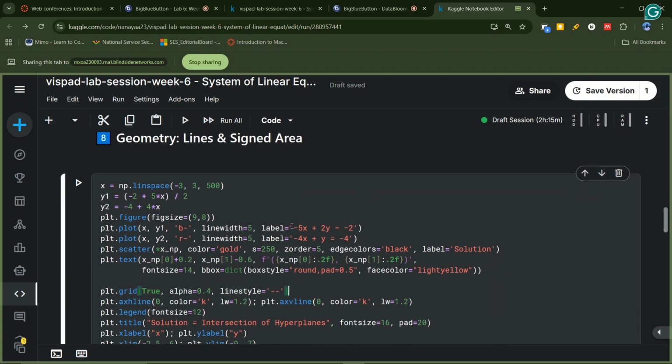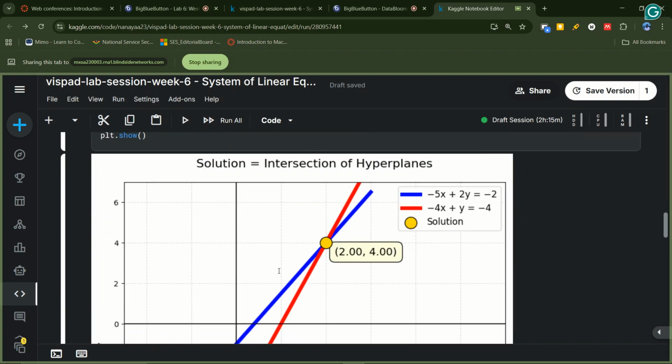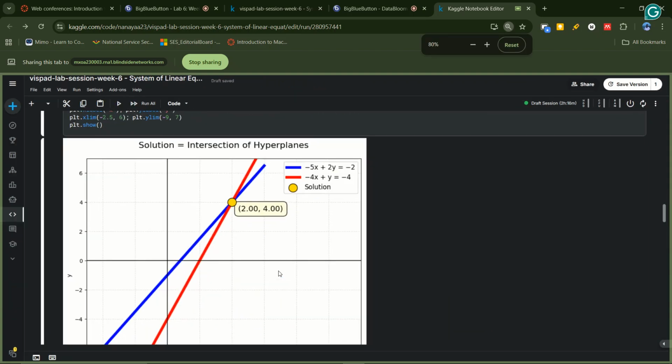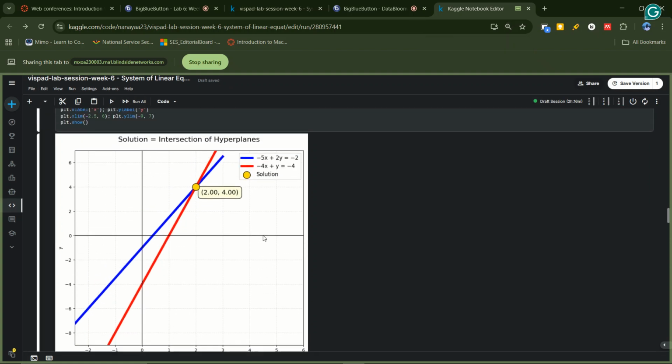So we are going to some visualization. Of course, there's no need to understand this, just for you to understand the concept. So let me reduce the font so that it can fit. Okay, so we have this visualization, right? Plotting is also another way to find your unknown.